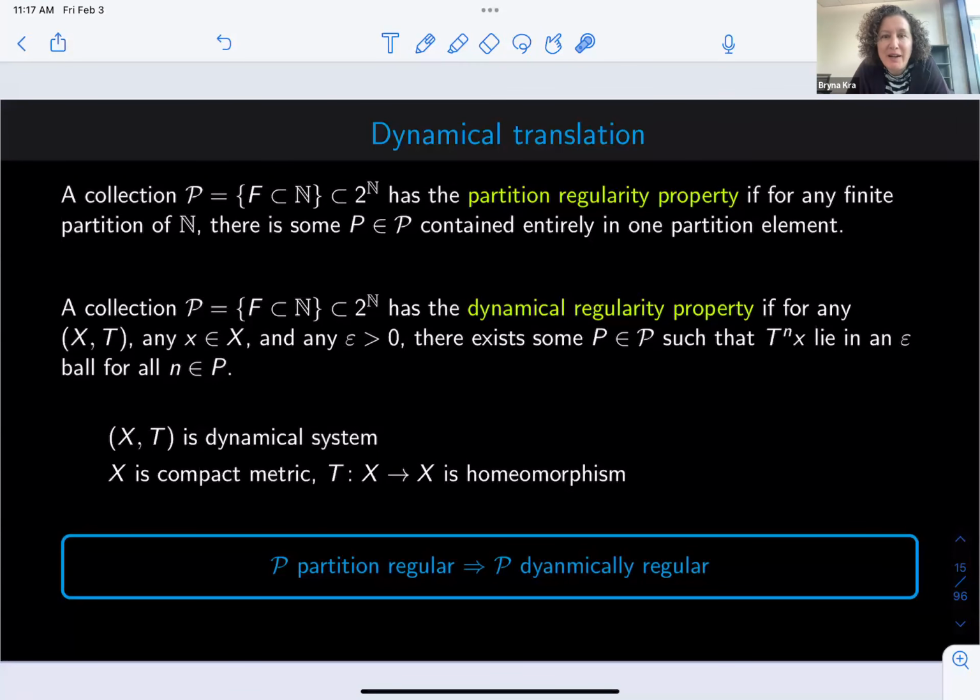Okay, but the little argument that I gave you was that partition regularity implies dynamical regularity. Now, if you knew lots of partition regular results, then you would get some dynamical results out of this, but the real interest is the converse, to prove something dynamically and then go back and use it to prove a partition regularity result.